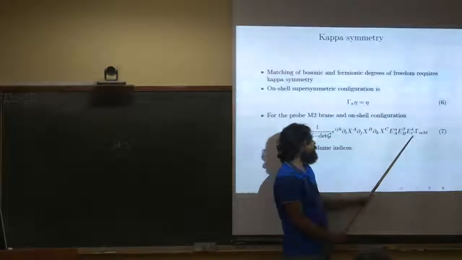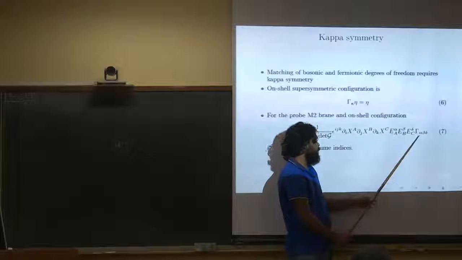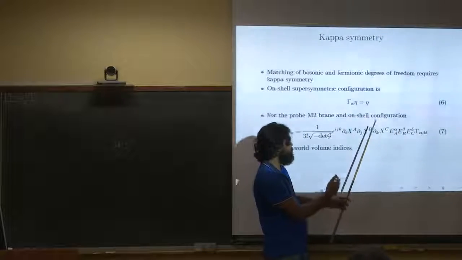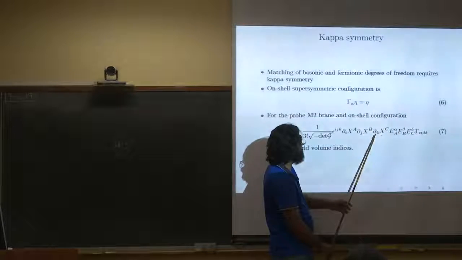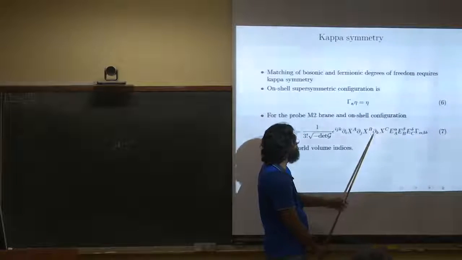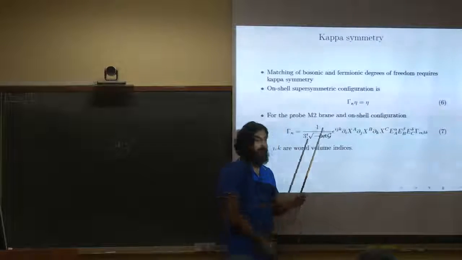So here gamma is the antisymmetric product of gamma matrices in the 11-dimensional Clifford algebra, and these are the vielbeins, which basically translate from a tangent bundle to curved geometry and things like that. And here capital X corresponds to the coordinates on the 11-dimensional supergravity solution. Small i, j, k indices correspond to the indices on the M2 brane.